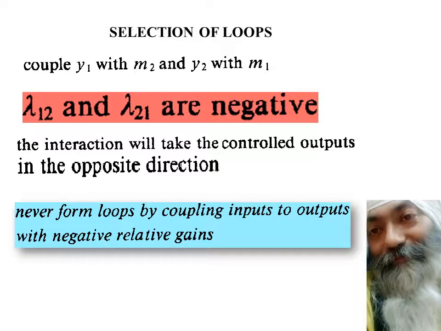So the rule of thumb is never form loops by coupling inputs to outputs with negative relative gains. The gains have to be positive.